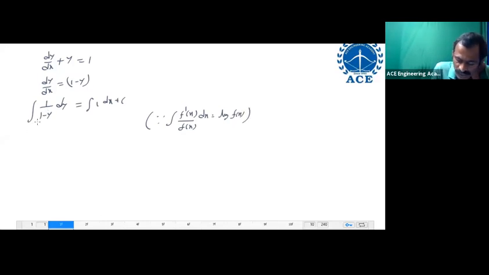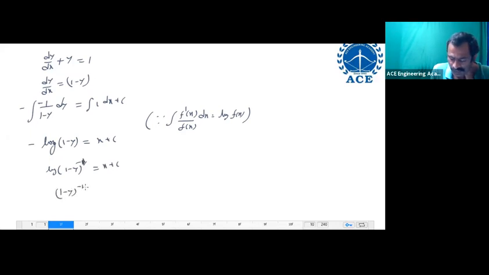What is the derivative of 1 minus y with respect to y? It is minus 1. In the numerator, we have no minus 1. So we write minus into log of 1 minus y equal to x plus c, or log of (1 minus y) power minus 1 equal to x plus c.